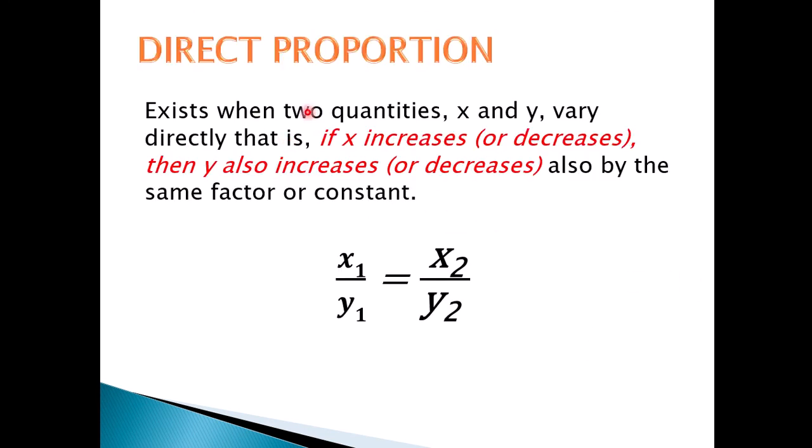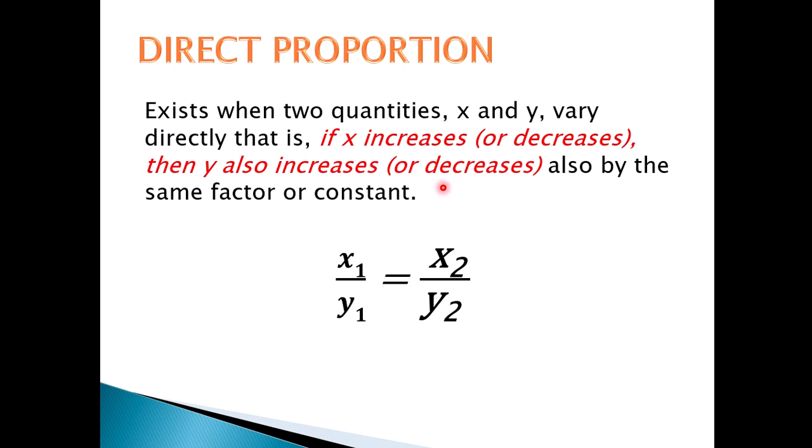Now, we have a kind of proportion we call direct proportion. Direct proportion exists when two quantities, x and y, vary directly. That is, if x increases or decreases, then y also increases or decreases, which means it's directly proportional. Direct relationship: if one value increases, the other value increases also.